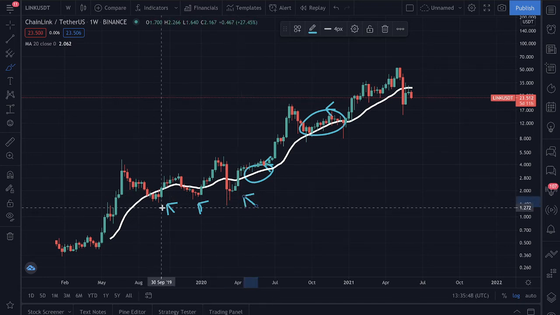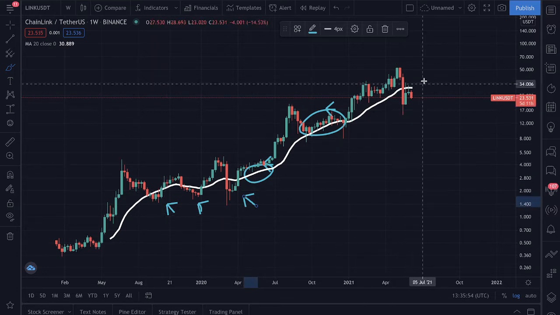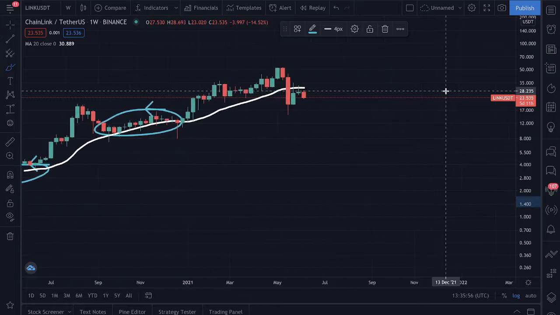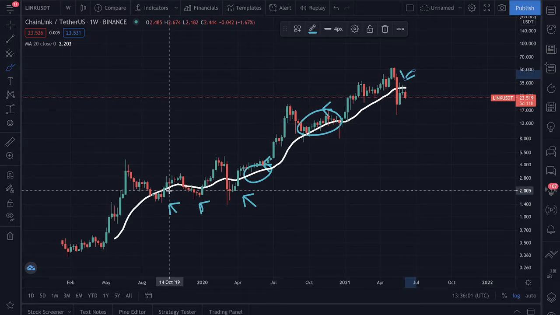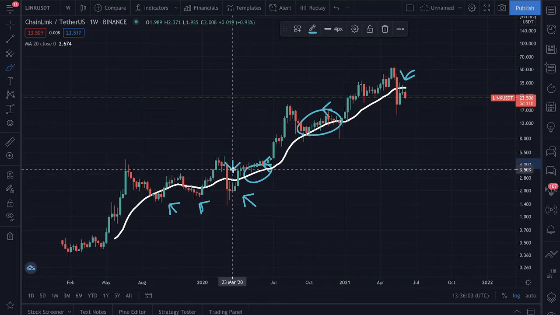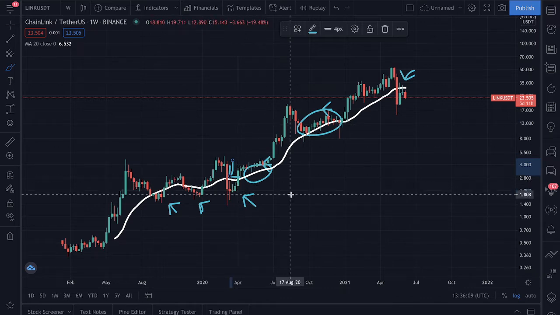Okay, so with that said, it is possible for Chainlink to hold these levels, and even if it does break, then it can bounce back fairly quickly. Obviously, we got rejected off the 20-week moving average this time around, but you could see that instance here where we wicked up, hit it, came back down, and it took 3 weeks later for it to come back up again.